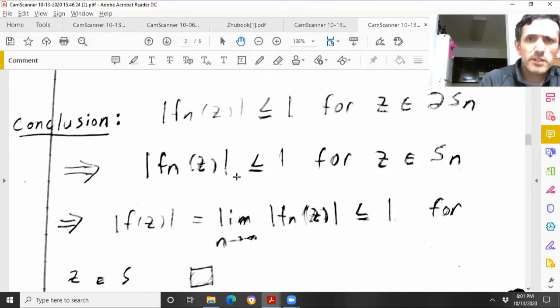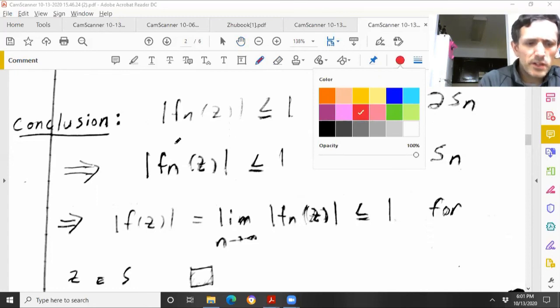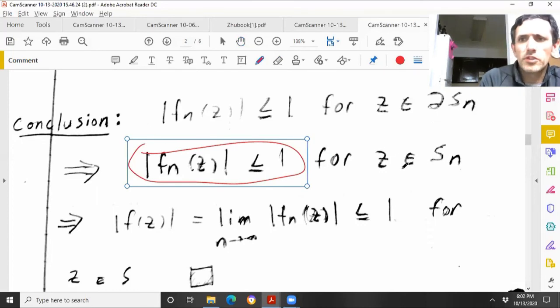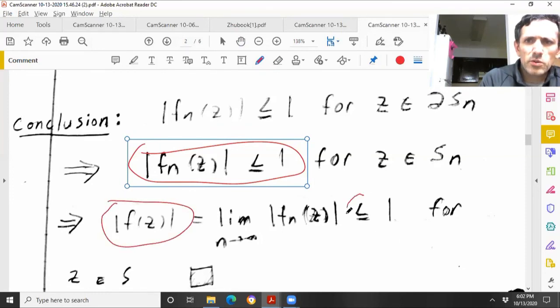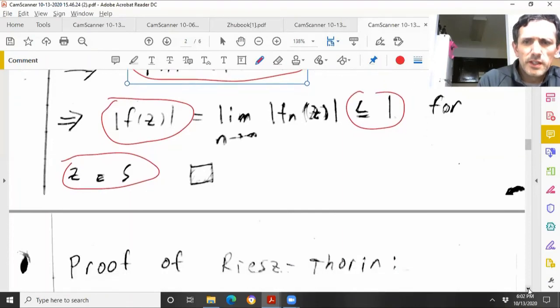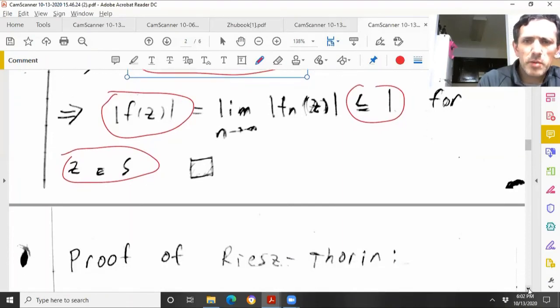Hence, we have this estimate right here, for any n large enough, because z continues to be in Sn for larger and larger n, based on the picture I had a second ago. So this is going to be less than or equal to 1, and that's exactly what we want to prove. We want to prove that this is less than or equal to 1 if z is in S. All right, so a nice clever proof. I guess Hadamard came up with this proof.